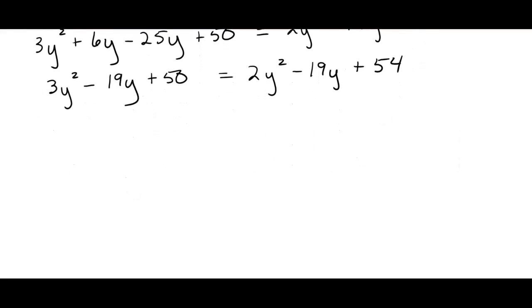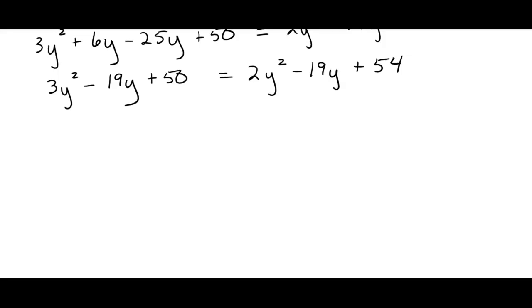Now, it is a quadratic equation, so I want to take everything that's on the right over to the left. Now, you might say, well, last time we took everything over to the right-hand side. I like to keep my y squared positive, so it's not a big deal if I don't, because I can always multiply both sides by a negative 1. But I'll just go ahead and move everything over to the left.